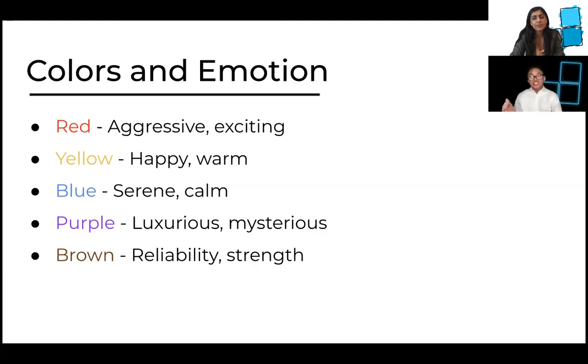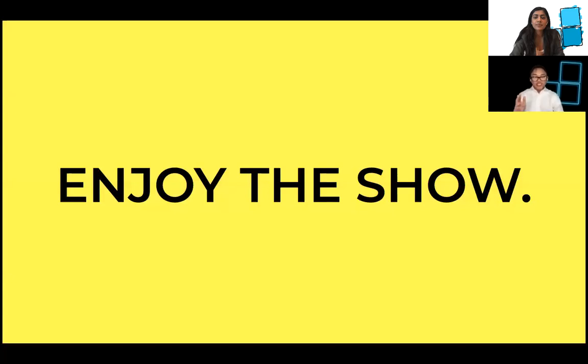Just looking at the colors here, it might be hard to notice the emotions each color gives off though. So what I'm going to do is show you some examples where it's the same exact slide, but just with different color variations. Ooh, here's red. You can notice how just in your face it is. It kind of makes you want to just jerk your head back when first seeing it. But on the other hand, here's yellow.